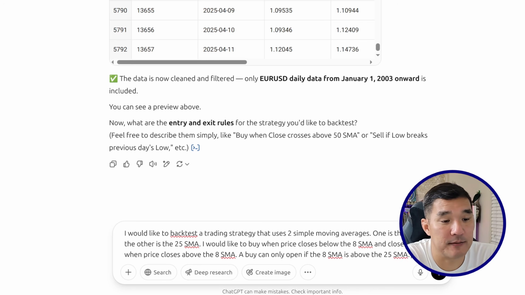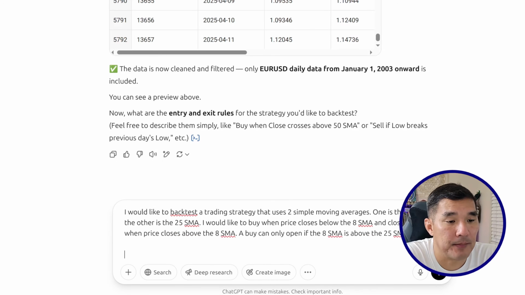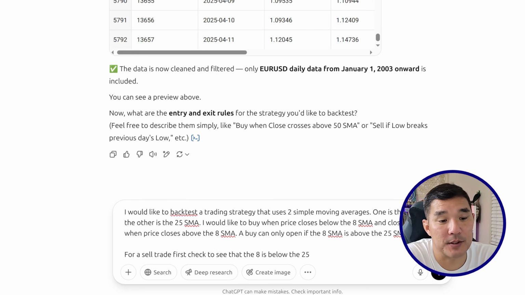And then I can hit Shift Enter to create a new line. And then I can say for a sell trade, first check to see that the 8 is below the 25. I'm going to start abbreviating here and see if it picks it up.